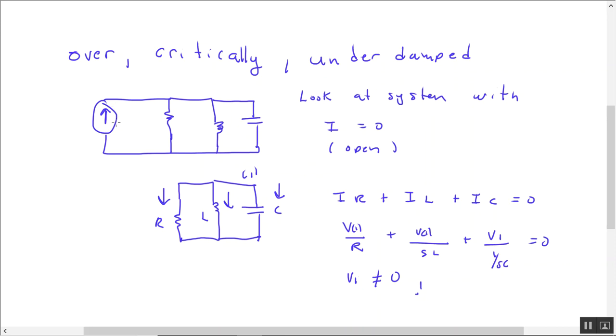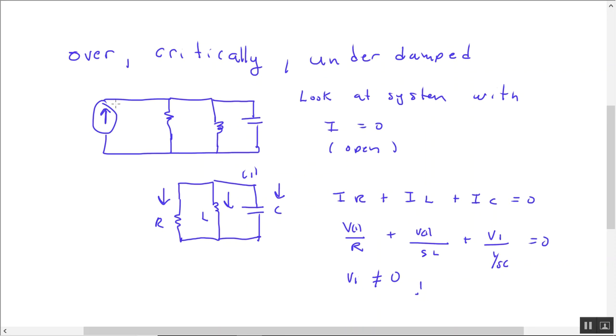let's start. So let's look at this system with 0 current. I can assume there's some kind of initial condition, but it doesn't matter right now. So I'll set this equal to 0. Well, while you set voltage sources to 0 with a short because they have 0 impedance, current sources have infinite impedance.